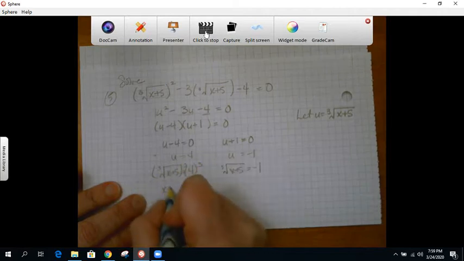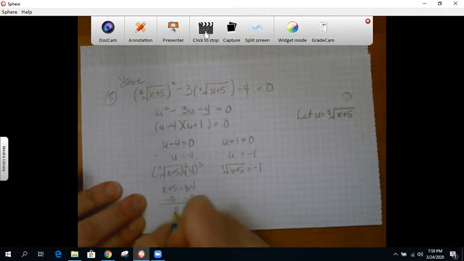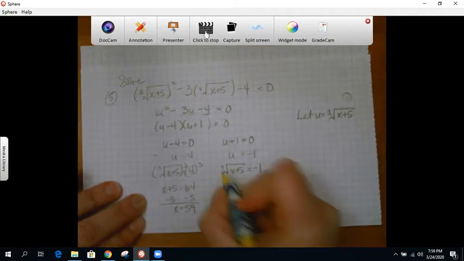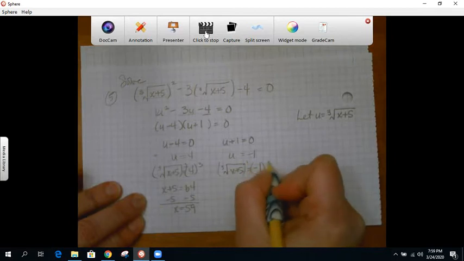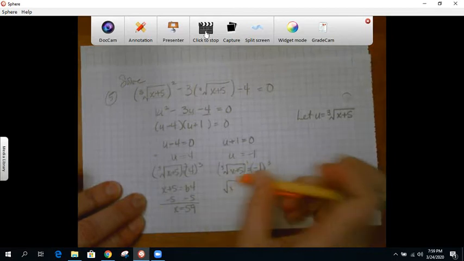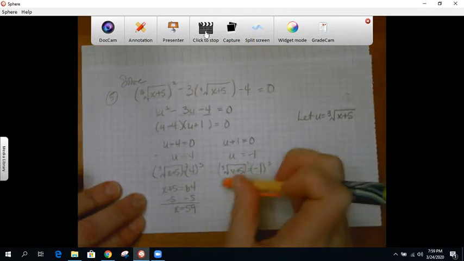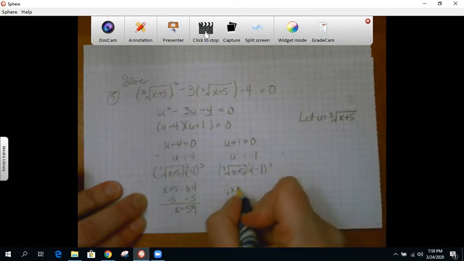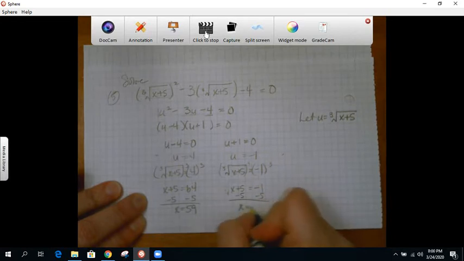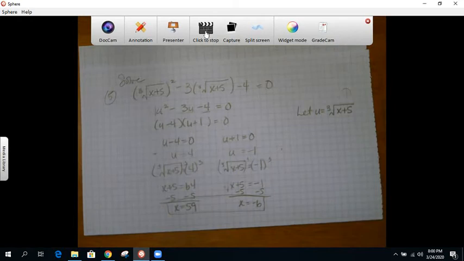So x plus 5 equals 64, and then take away the 5, so x is 59. And then here I'm going to cube, just x plus 5 equals negative 1, and then I'm going to subtract the 5, and I'm going to have x is negative 6. Okay, so those would be my two solutions.